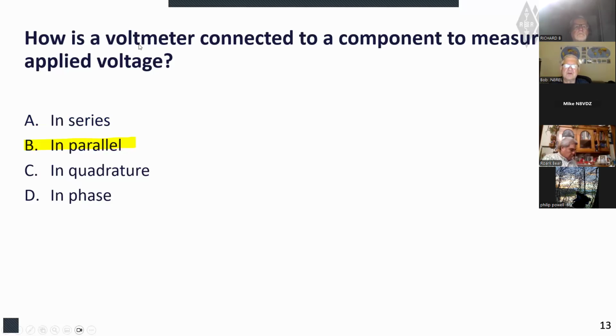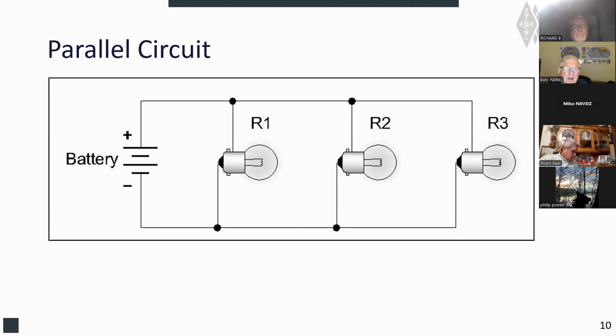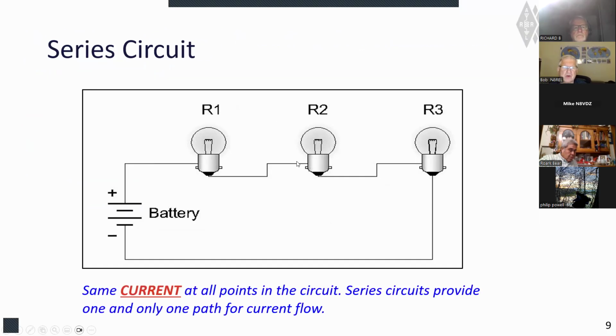How is a voltmeter connected to a component to measure voltage? It's connected in parallel. So if you wanted to measure the voltage here, you would connect it on each side of the battery. You wouldn't connect it in series like this.